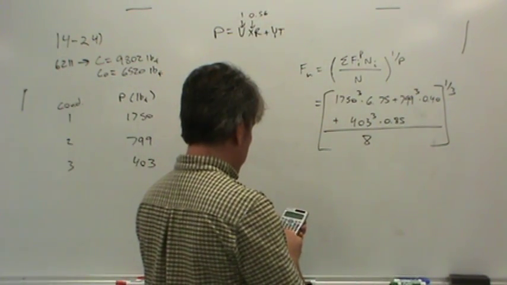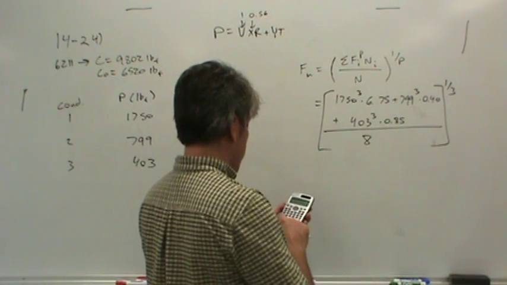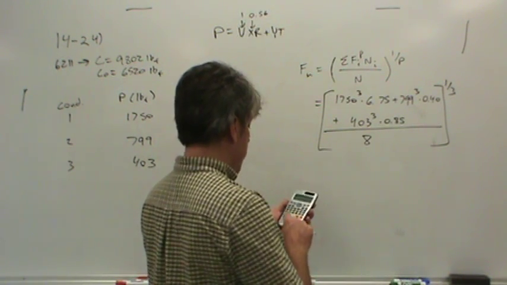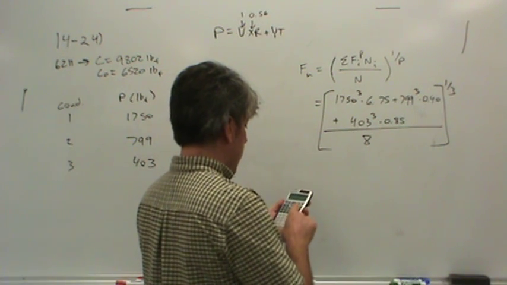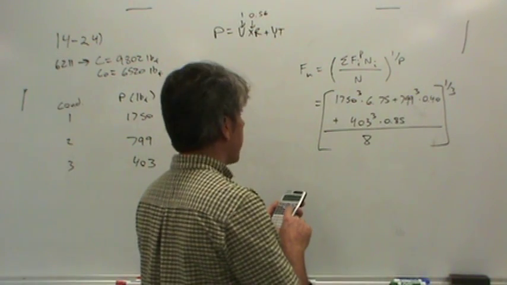So 1750 cubed times 6 3/4 plus 799 cubed. Oops, I made a mistake.